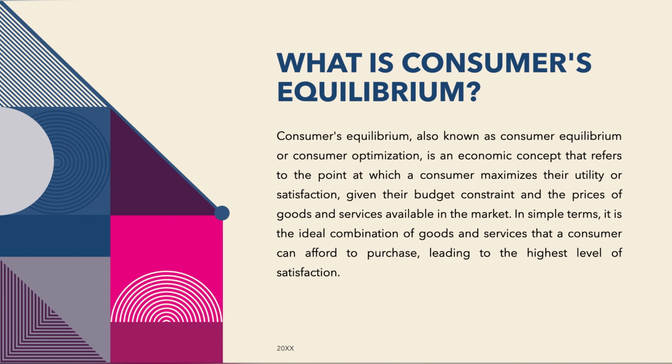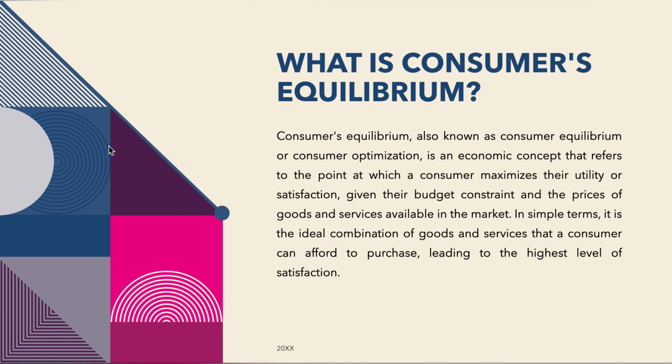So, consumer's equilibrium is a state or is a psychological point where a consumer is very much satisfied. He gets his maximum satisfaction at this point, and he would not want to move away from it, because if he would move, then his satisfaction will decrease.